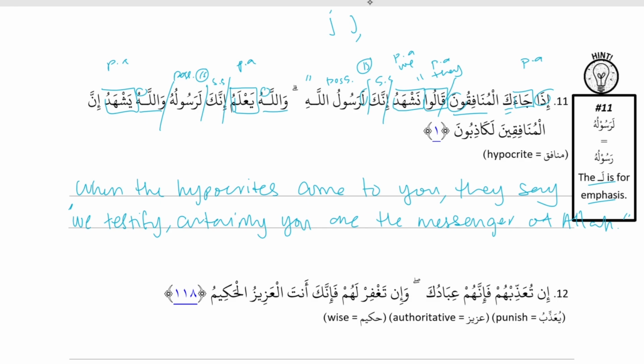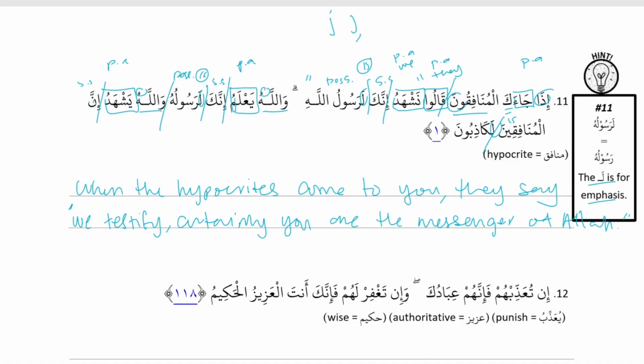And then inna is starting a new sentence because a sentence starter always starts a new sentence. Inna al-munafiqina is sentence starter and its noun. Good. And then al-munafiqina and la-kadhibun are not related because al-munafiqun is specific and kadhibuna is general. Good. So there's a break there. And again we see our emphasizer la, in la rasuluhu and la kadhibun.